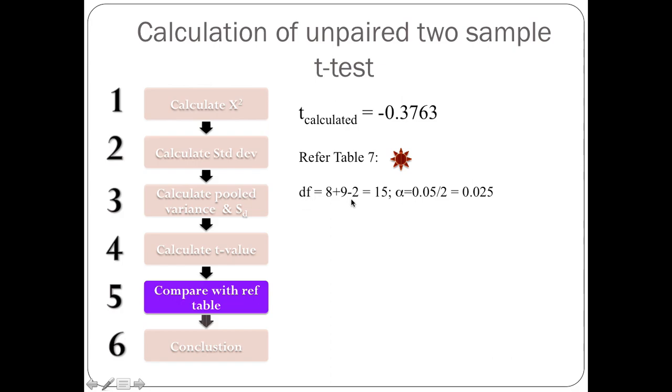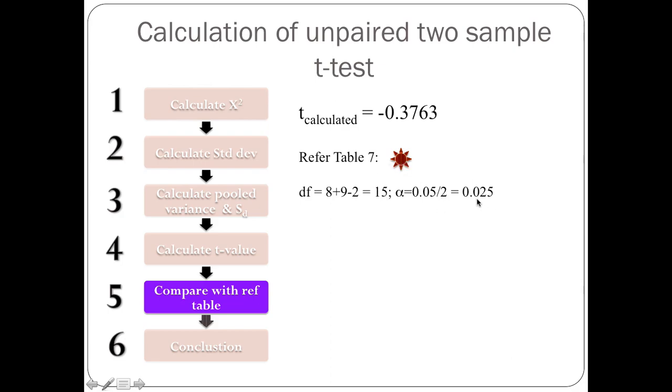So now compare with the reference table. What is the degree of freedom? Degree of freedom is 8 plus 9 minus 2. Then you obtain 15. So what is the alpha level over here? The significance level, because this is a two-tailed test, therefore you need to divide 0.05 by 2. So you need to refer to 0.025 in table 7.